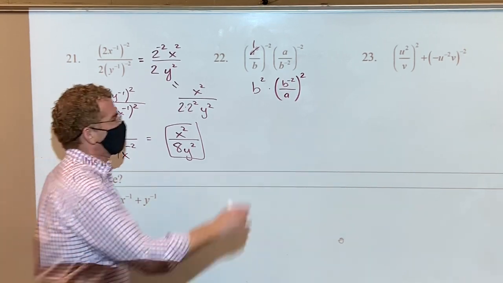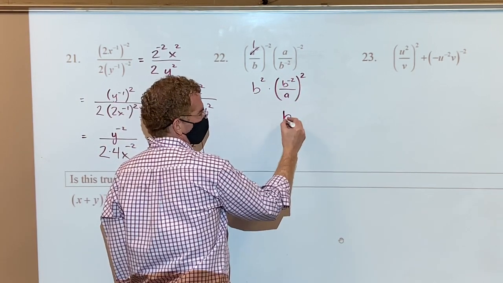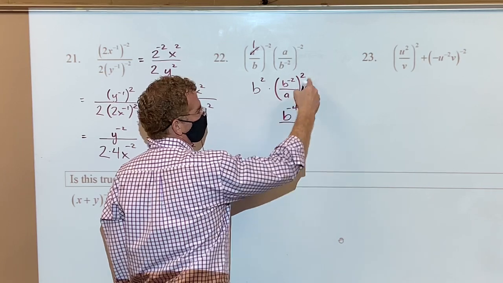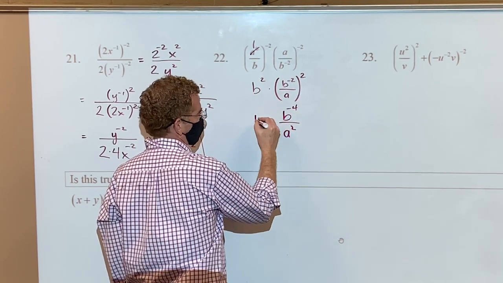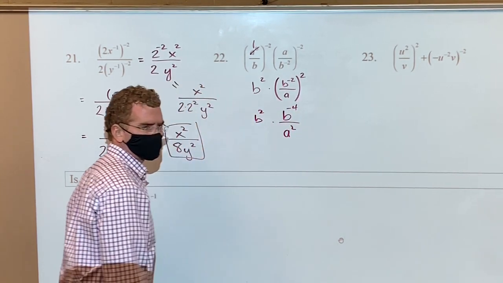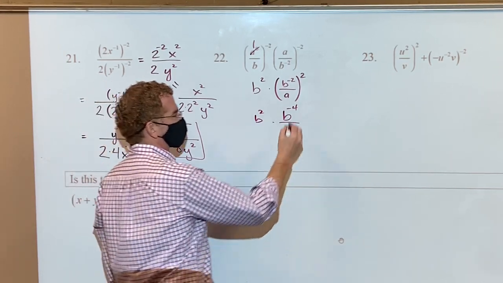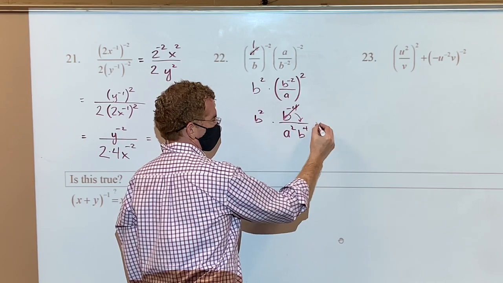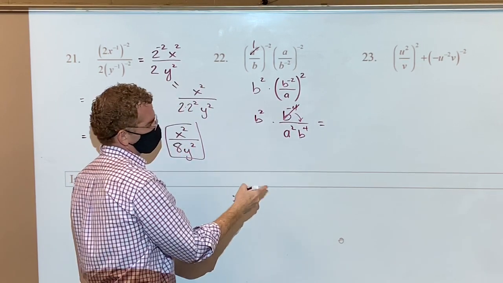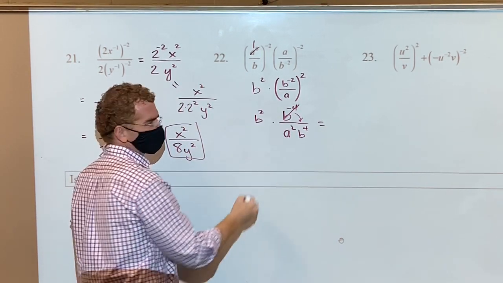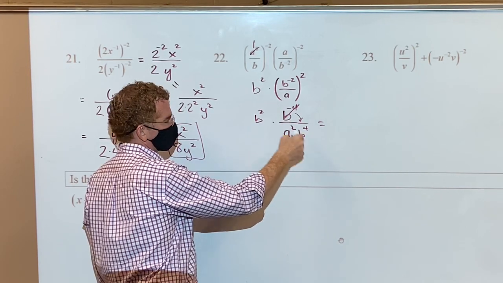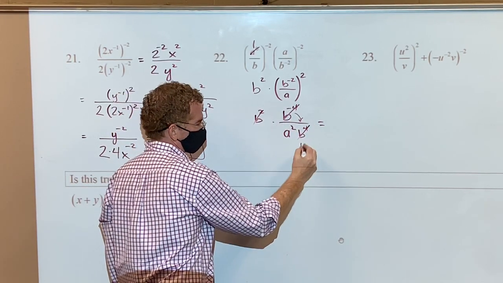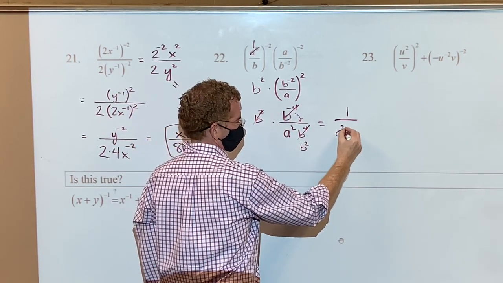Then what would you do? Square everything, power to a power, multiply the powers, a squared in the bottom, and then finally what do you do now? Flip. Now I could bring the b to the 4th down, and then I could cancel a couple of those b's. Y'all with me? So I cancel a couple of those b's out, and I get 1 over a squared b squared.